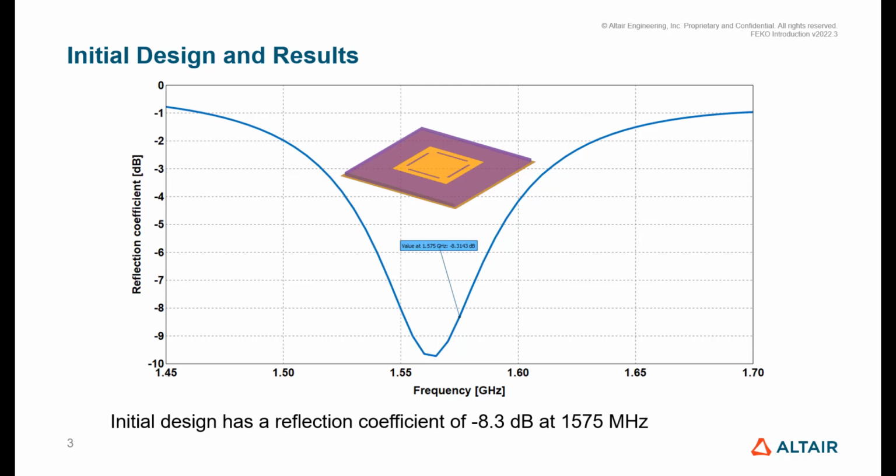As you can see, we have a decent impedance matching with a reflection coefficient of -8 dB at the GPS operating frequency. But we would like to improve it further using HyperStudy.